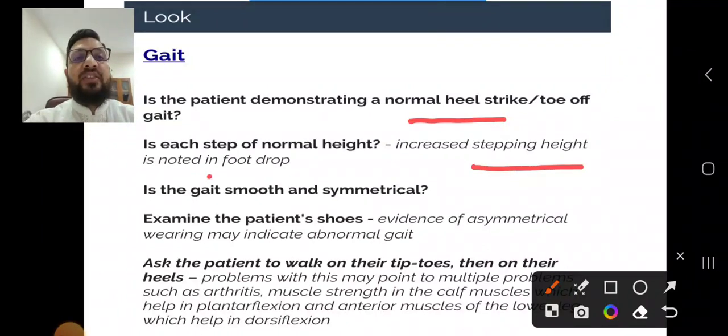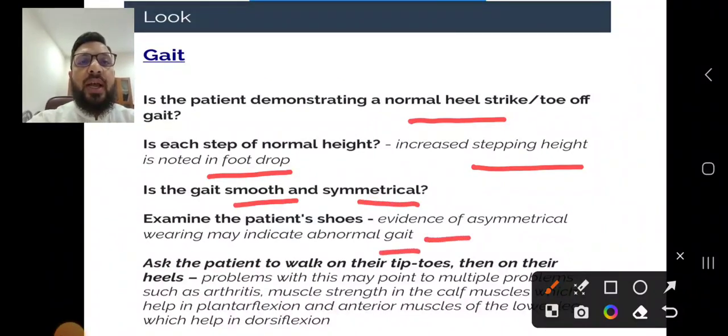You know that if the patient is having a common peroneal nerve injury, which may be expected in a patient who has had varicose veins surgery, there will be a high steppage gait. So it is important that you observe for that. Then you have to assess whether it is smooth and symmetrical, and you also have to assess the patient's shoes, and tiptoes and heels. Obviously you have to go for that.